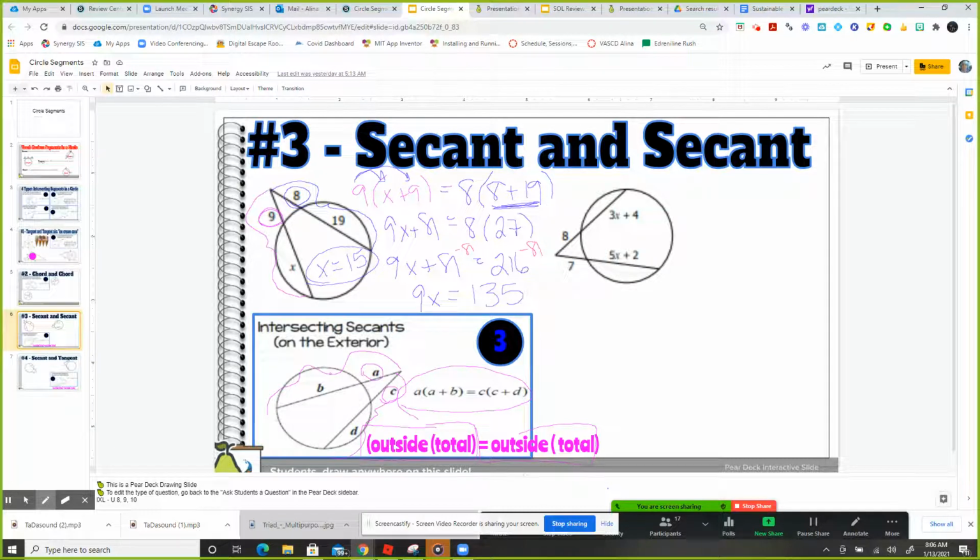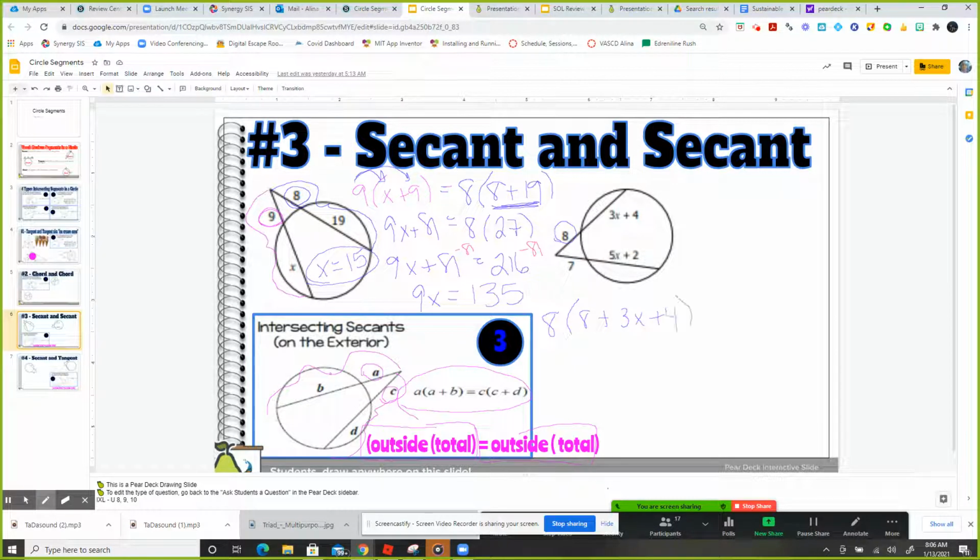So how would I set up the second problem? If I want to do the outside times the total equals the outside times the total, how would I start that? 8 times what? 8 times 3x plus 4, absolutely.